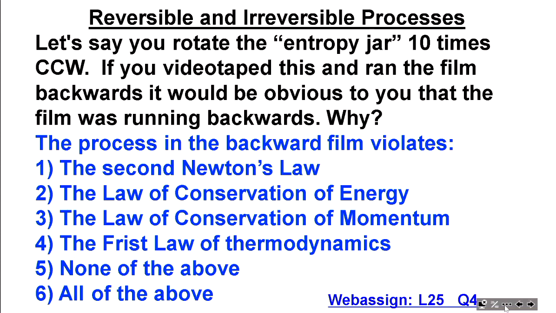This is a process. But in the question, you should answer what will happen if first I make it turn 1, 2, 3, 4, 5, 6, 7, 8, 9, 10. And now I'm going to make 10 turns backwards.